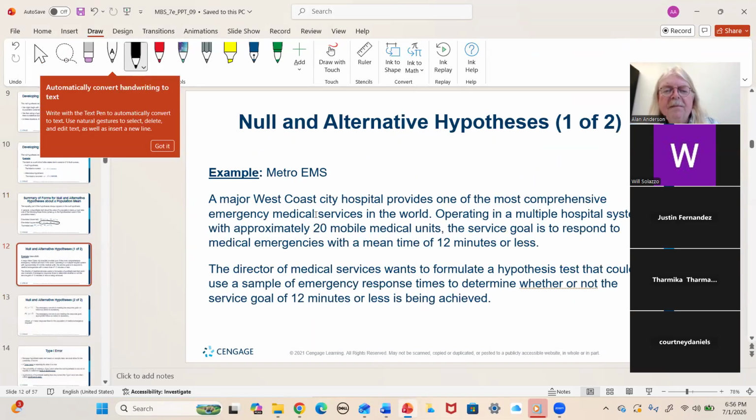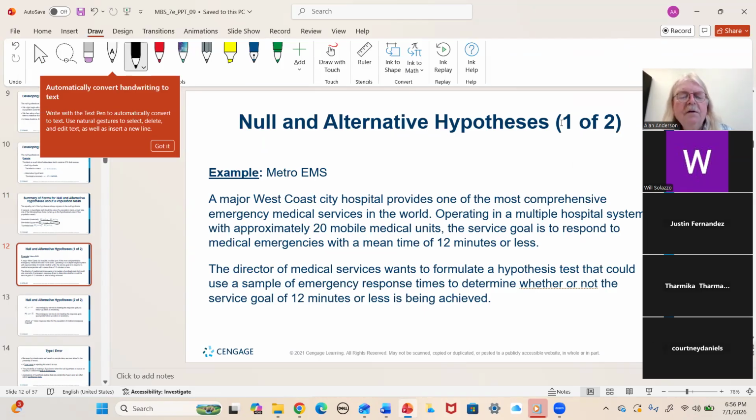Oh, here's one. A major West Coast city hospital provides one of the most comprehensive emergency medical services in the world, operating in a multiple hospital system with 20 mobile units. The goal is to respond to medical emergencies with a mean time of 12 or less. So they want to know if the emergency times are being achieved. You know, they're bragging about 12 minutes or less. So that means that more than 12 would be a problem.